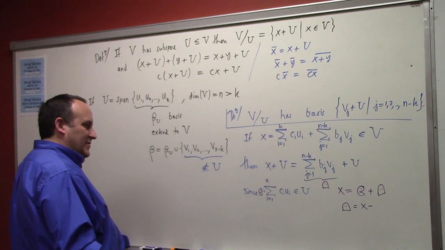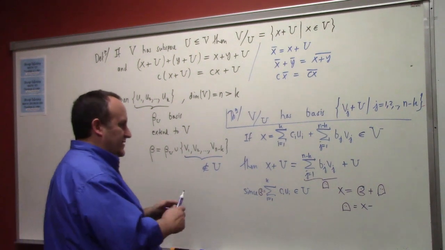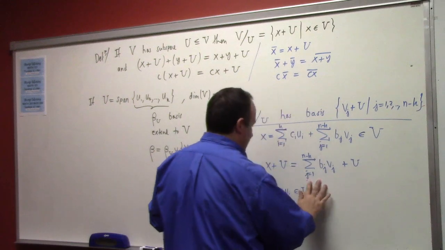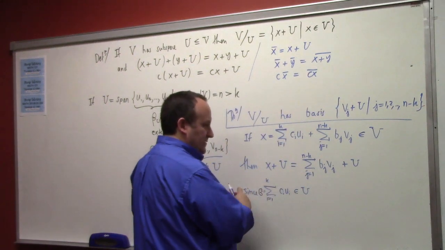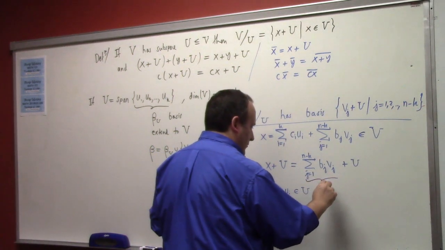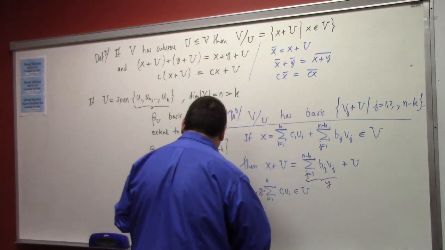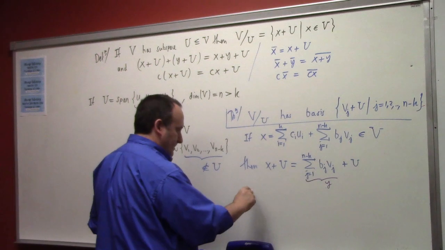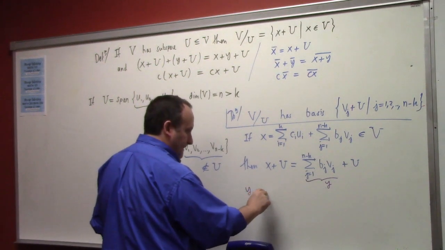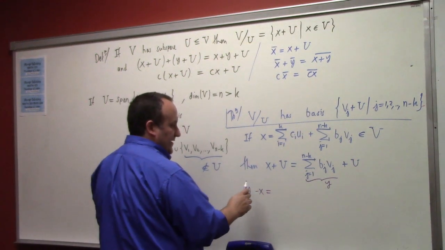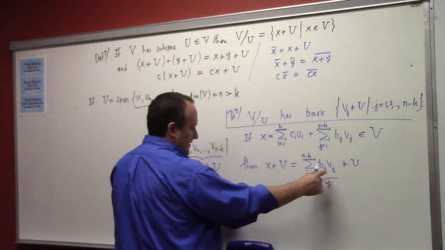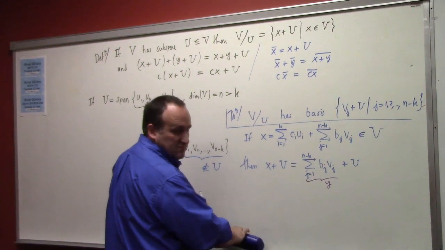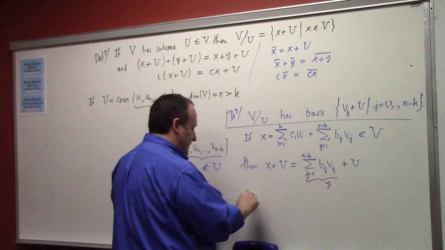My claim, let me say it a different way. Let's think of, so that's x, right? And this is quote unquote y. What's y minus x? So if I take this and I subtract x off, or maybe x minus y is more natural.